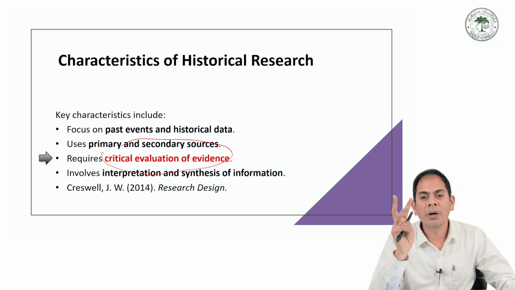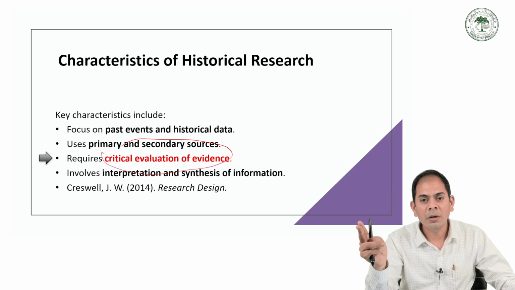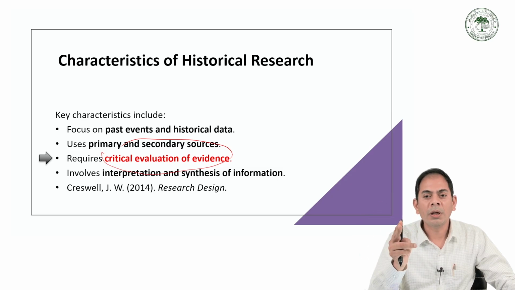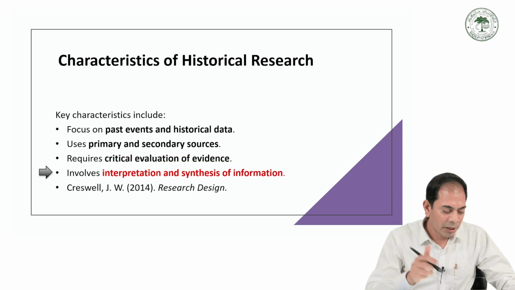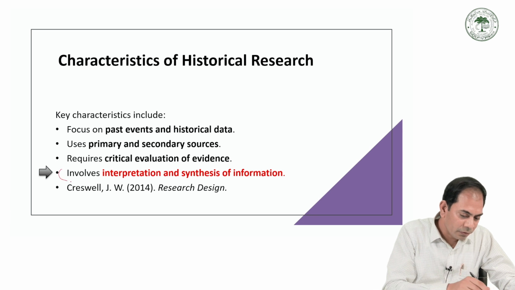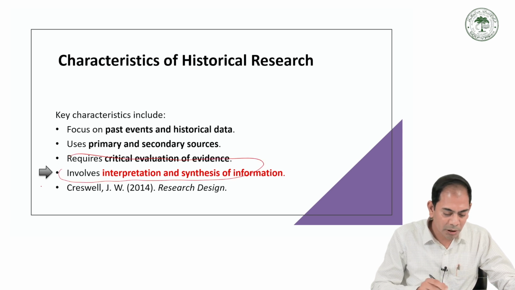The recorded information should be accurate, reliable and authentic. Not all historical records are fully correct, so the researcher must compare and verify each and every piece of evidence scientifically.